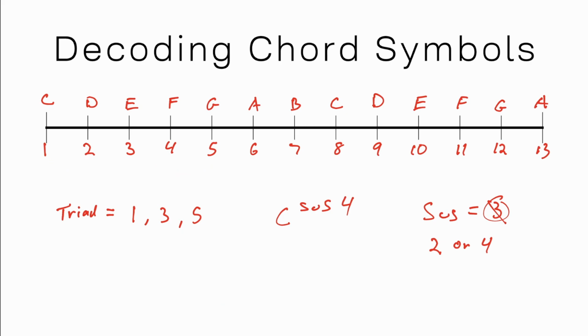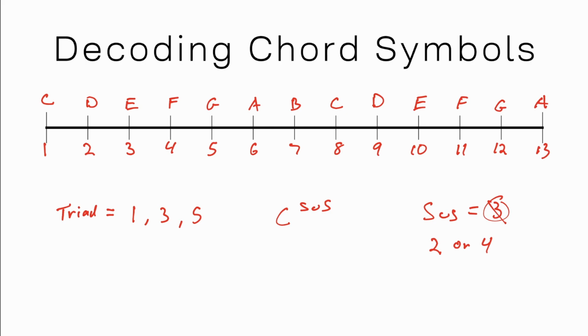Now, if you see something that's just written C sus, then you have the option as the performer. You can either play that as a sus 2 or a sus 4. That composer was not too particular in what sus voicing they wanted, so you as the performer can play either of those two chords.